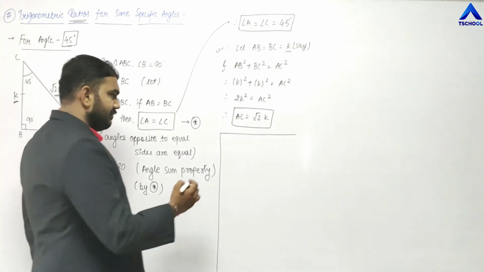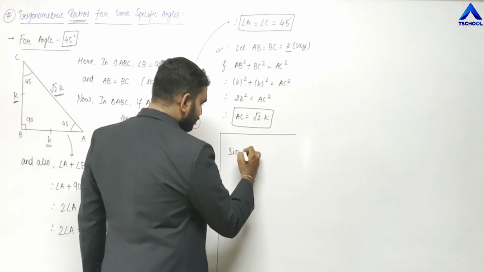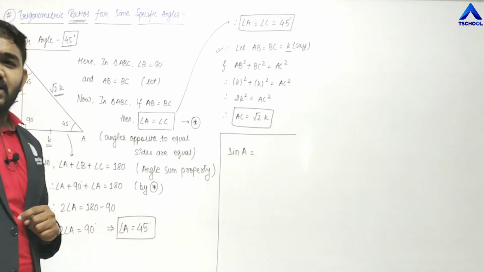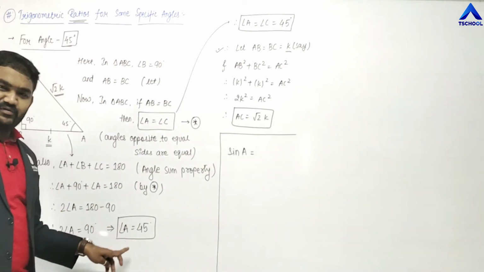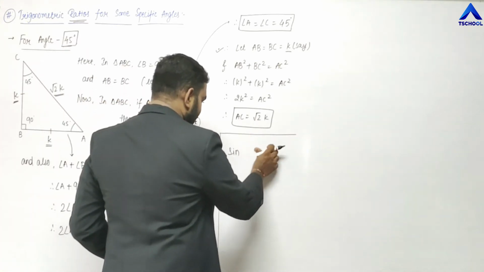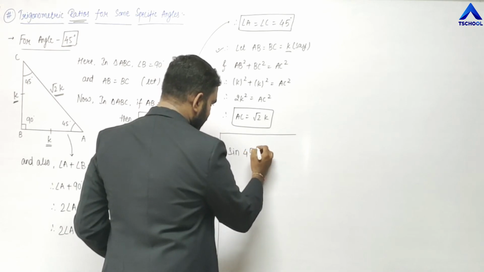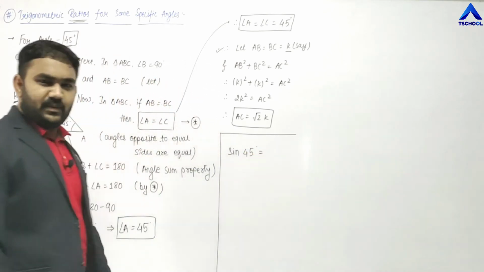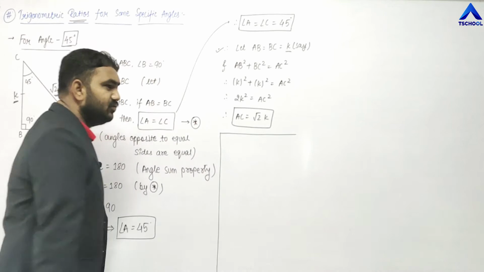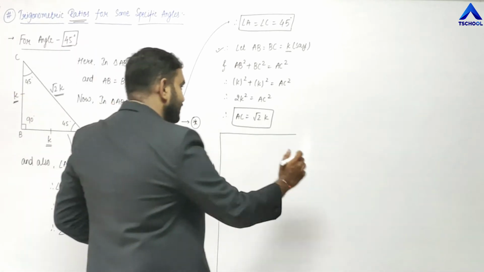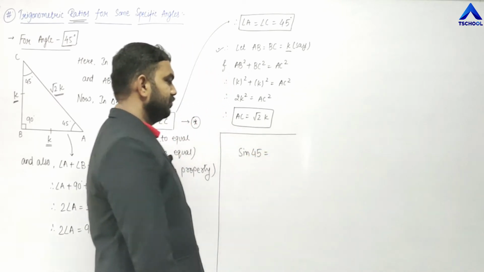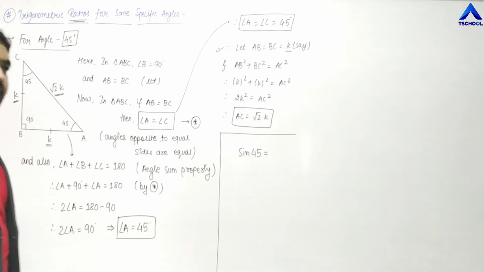So now, friends, in the previous topic we were writing down sin A. But now we will not write down sin A because we now have the value of A, that A is equal to 45. So we shall write down sin 45 is equal to, the ratio remains same, the only thing that is changed here is the value of A. So what is the ratio for sin 45?